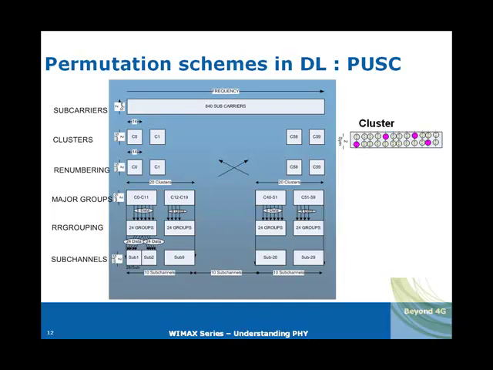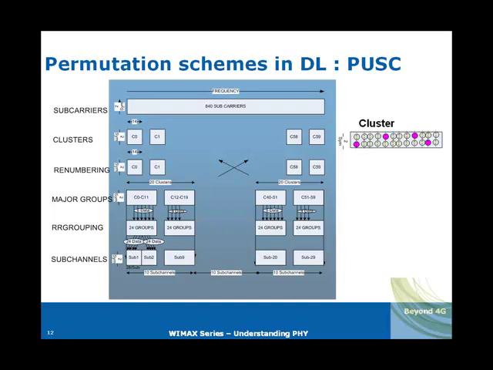So from the major group we have 2 buckets. From C0 to C11 we take 6 data subcarriers, and from the next 8 clusters we take 4 data subcarriers, and then we form 24 groups out of that. Similarly we will have 24 groups with the next clusters. From these 24 groups, we again take 24 data subcarriers, and by doing this we form a subchannel.